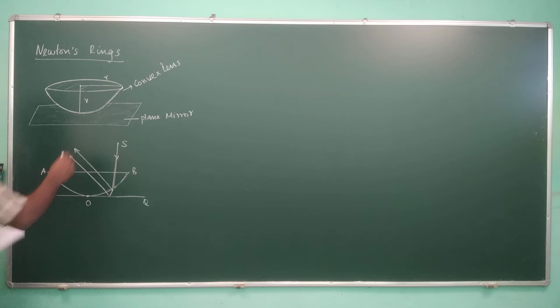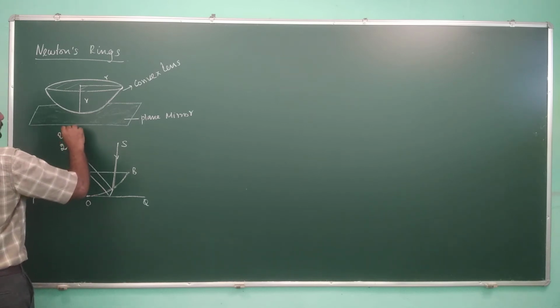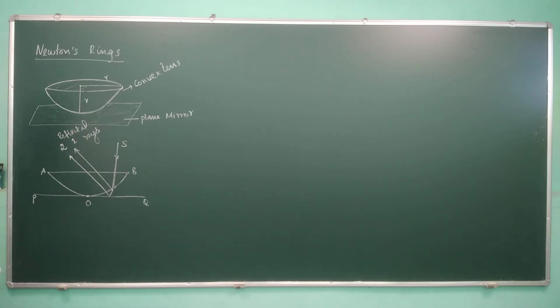Now we can say that this is ray 1 and this is ray 2, and both are reflected rays.